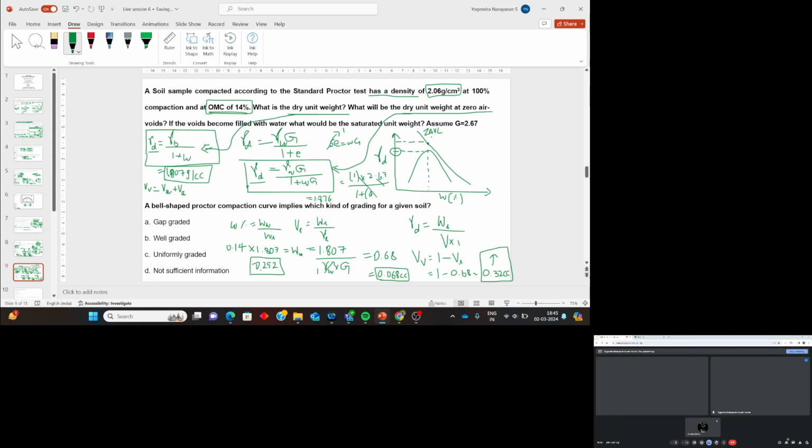Now you have to calculate saturated unit weight. Gamma sat is equal to total weight of soil mass by total volume. What will be the total weight here? 1.807 plus 0.252, which is already present, and 0.068.